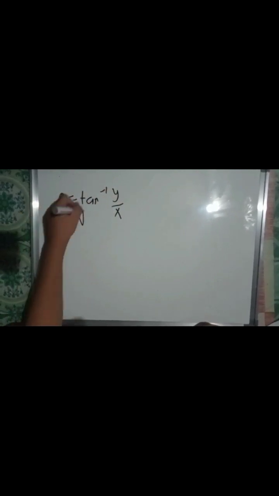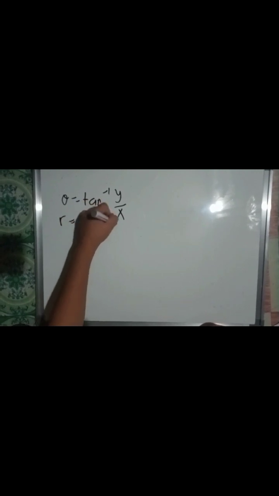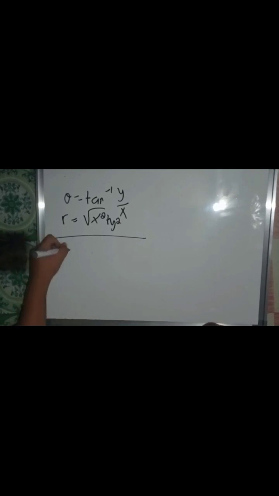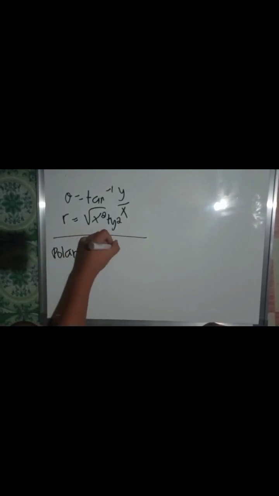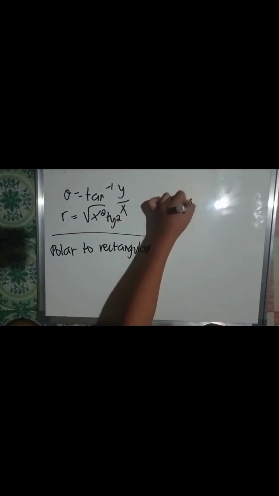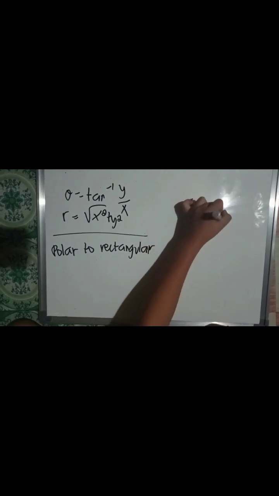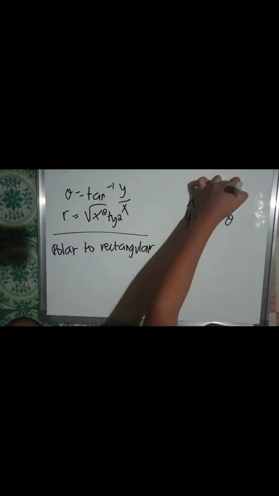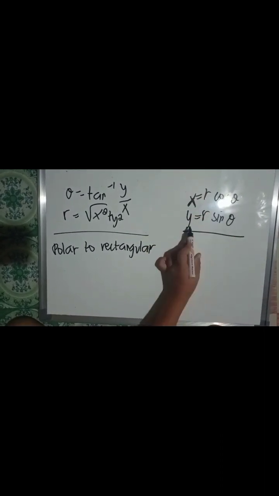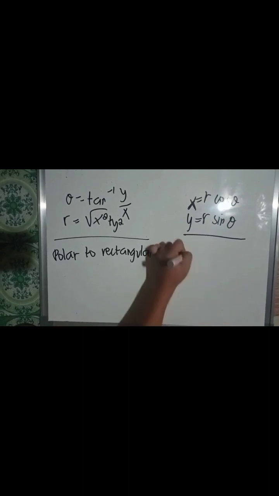this is all about this video. This formula will be used for polar to rectangular: x is equal to r cos theta and y is equal to r sin theta.